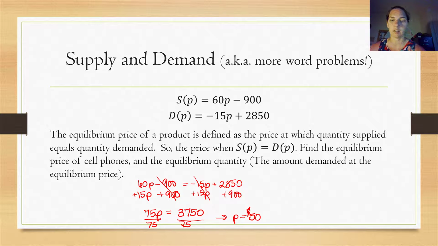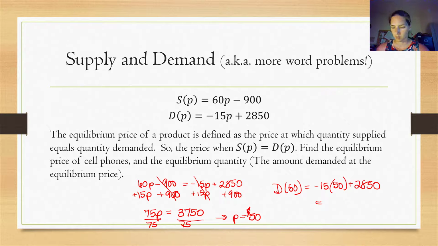How many does that mean? D of 50, negative 15 times 50 plus 2850 is 2100. So they'd be willing to supply 2100 phones and they'd sell them all for $50 each. That's the very simplified equilibrium price and quantity.